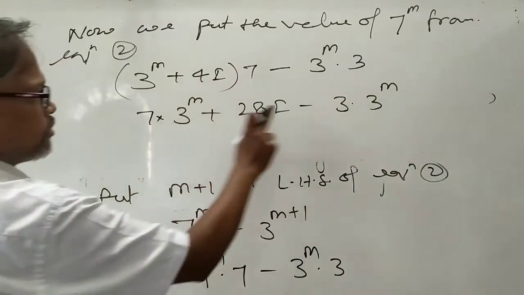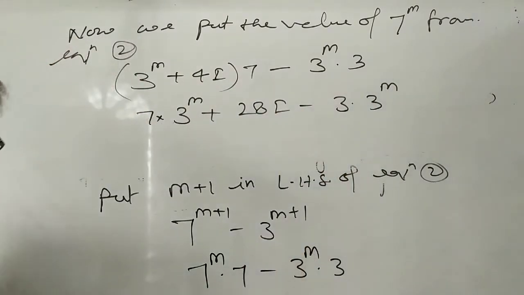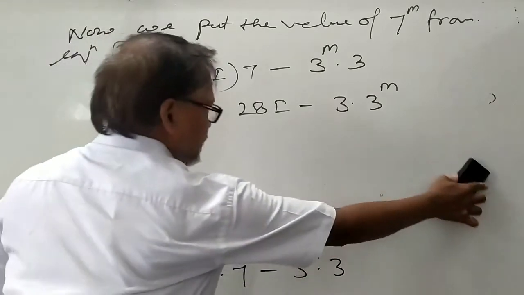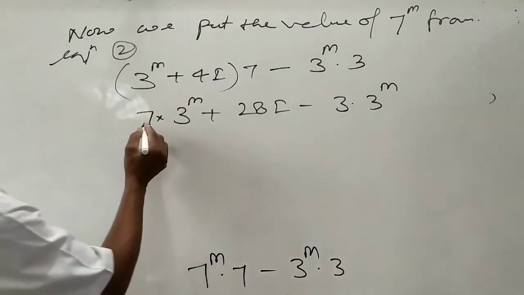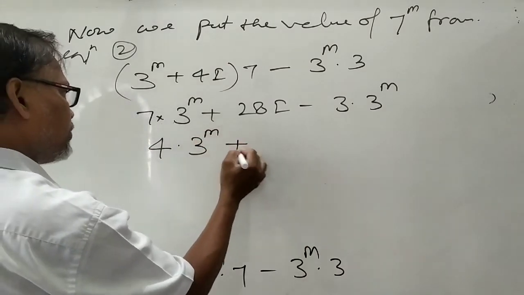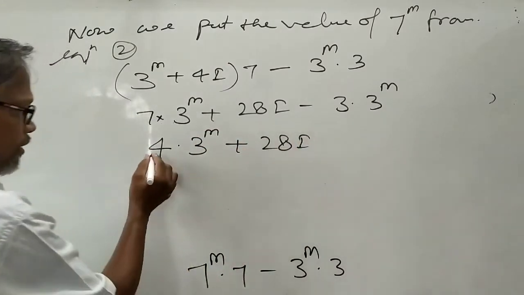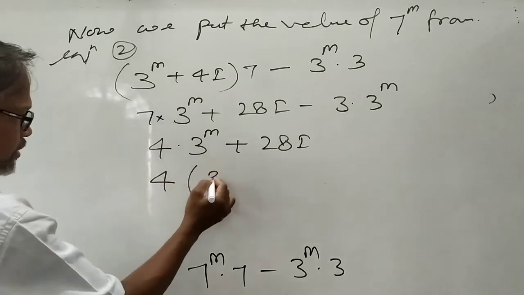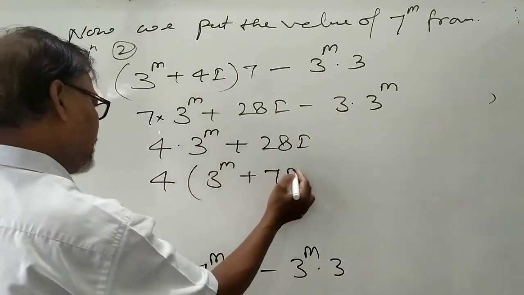What you will get? माइनस करेंगे तो कितना आएगा 7 minus 3 that is 4 into 3 to the power m plus 28i. अब 4 दोनों से कॉमन ले सकते हैं तो क्या आएगा plus 7i.